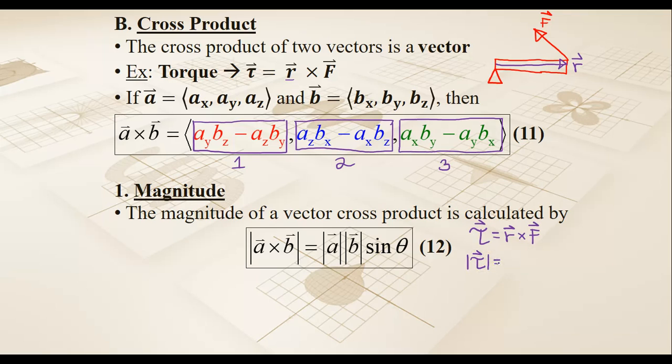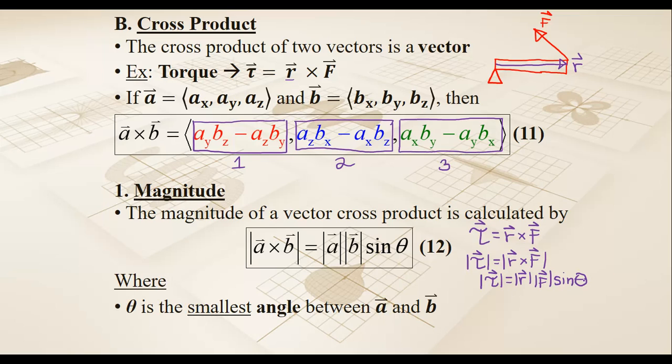So the magnitude of torque would then be equal to the magnitude of the lever arm times F, which is the magnitude of R times the magnitude of F multiplied by sine of theta. Okay. And then once again, theta just represents the smallest angle between A and B.